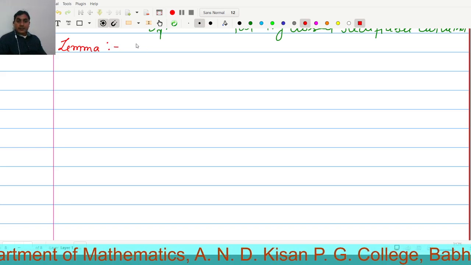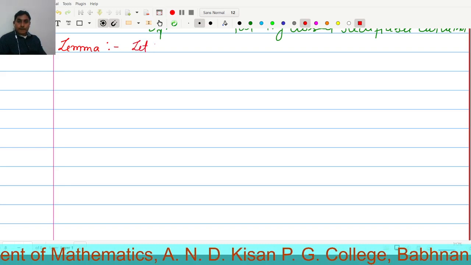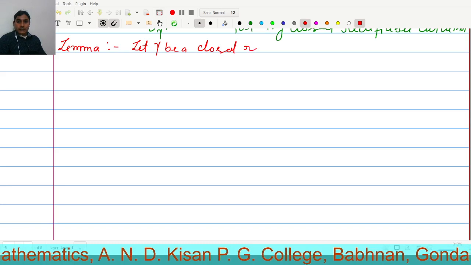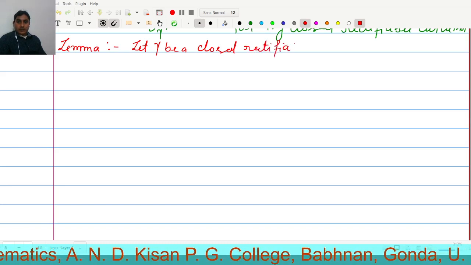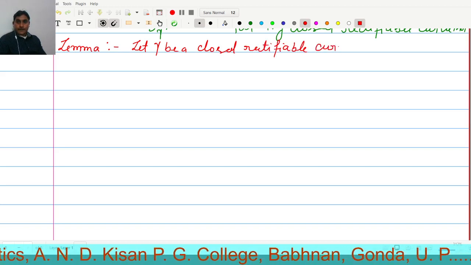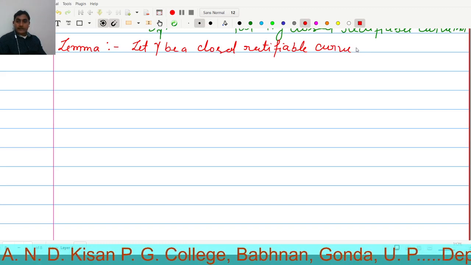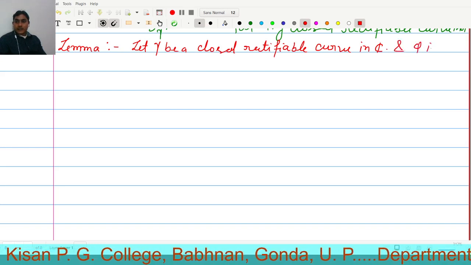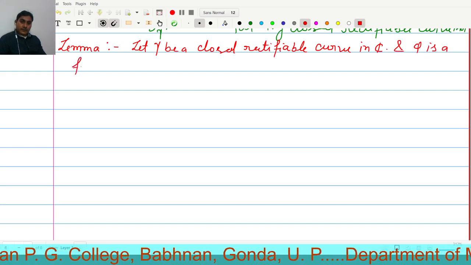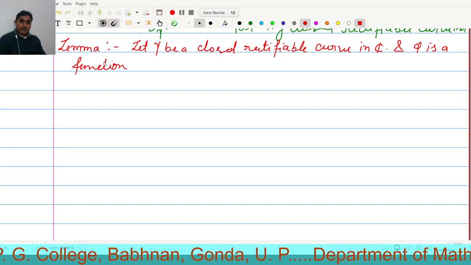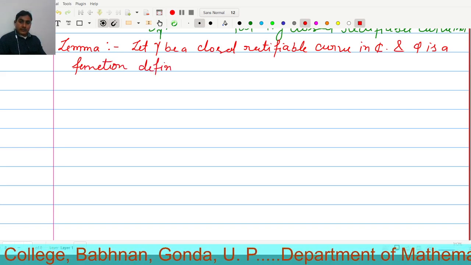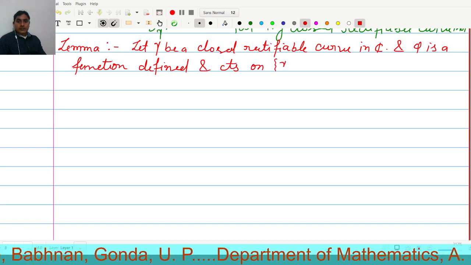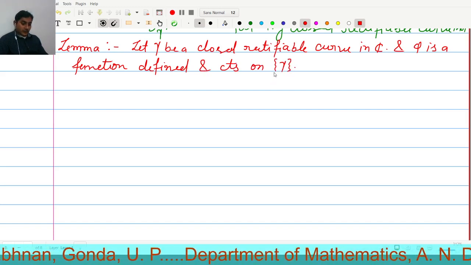It simply says that let gamma be a closed rectifiable curve in C, and phi is a function defined and continuous on the trace of gamma.